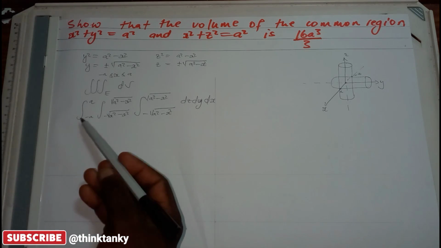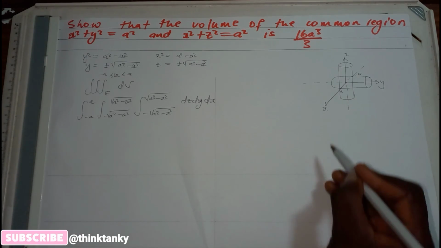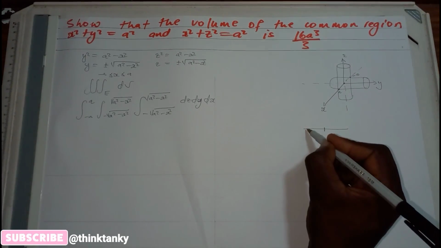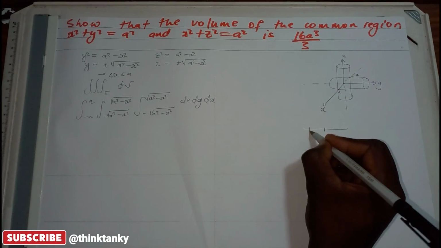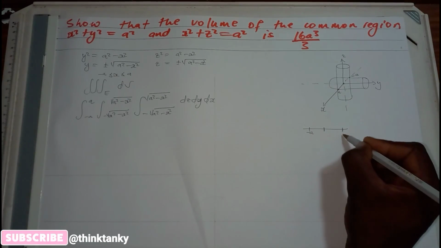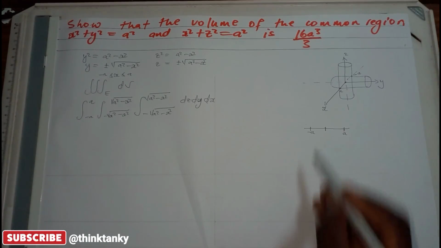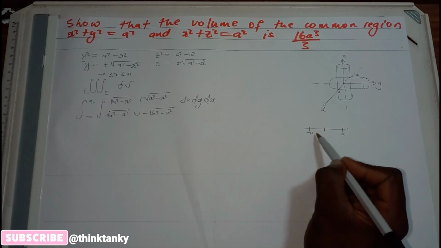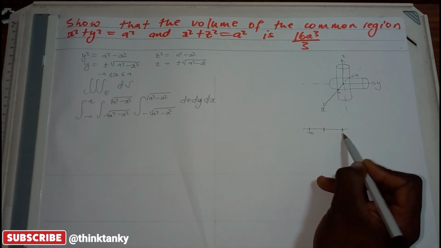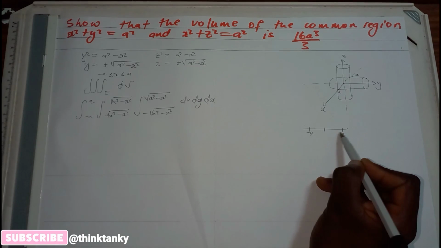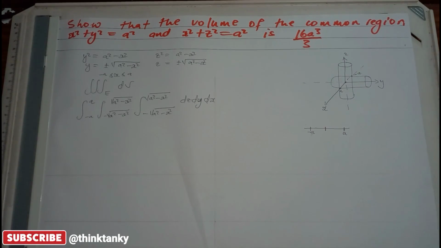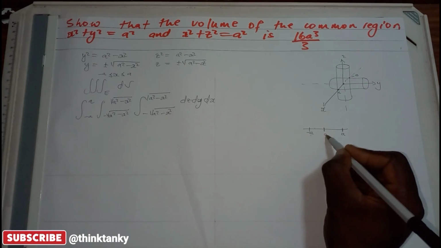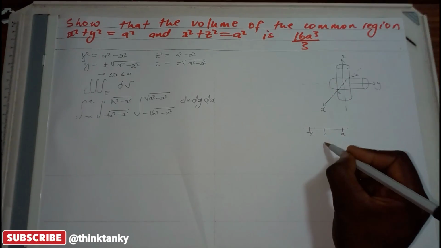Now I want to make things very simple. Let me try to draw this on a line. Let's say this is 0. So from this we know that the lower bound is negative a and the upper bound is a, but we know that this distance is the same as this distance. So that means the distance from negative a to a is the same as 2a. So I can simplify this by saying x ranges from 0 to a, times 2.